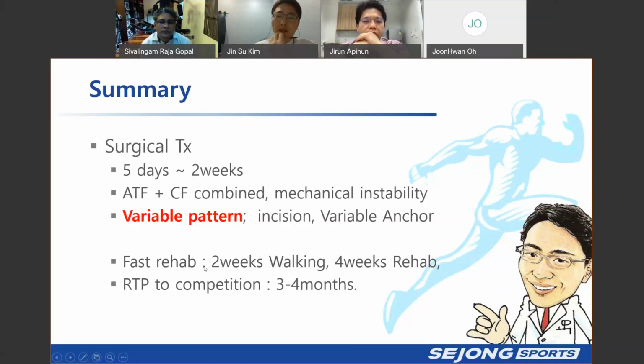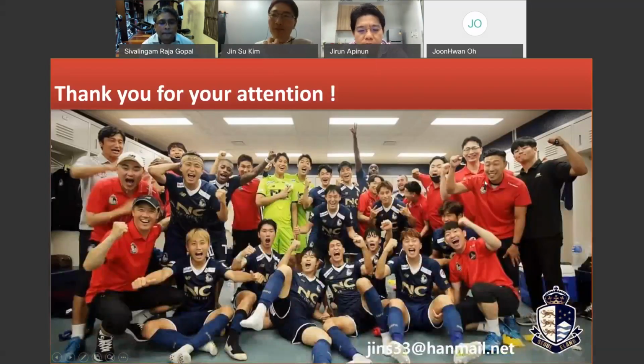We can start walking in just 4 days. The rehabilitation starts. We usually return to play at training within 2 months, and he can do competition like a real game within 3 to 4 months. Thank you.